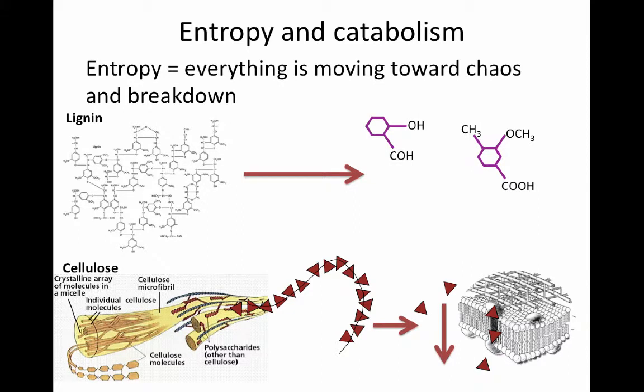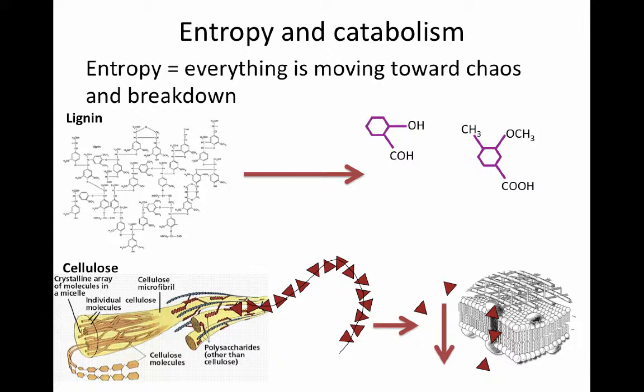I want to just say a word about entropy and catabolism. The law of entropy is that everything is moving toward chaos and breakdown. Molecules are randomly always shifting and moving toward chaos or toward restructure. And so two examples that I think about a lot as a soil ecologist are lignin and cellulose breakdown.